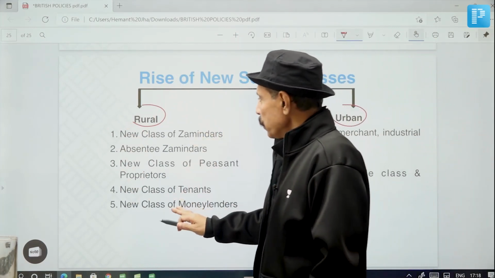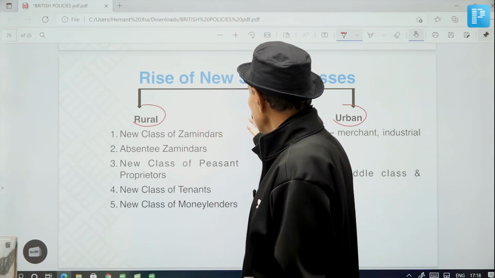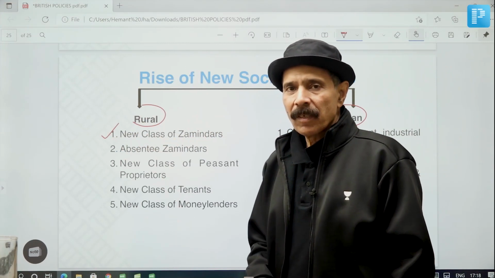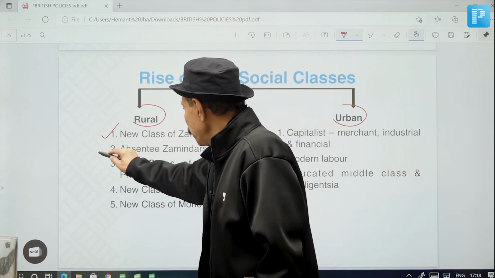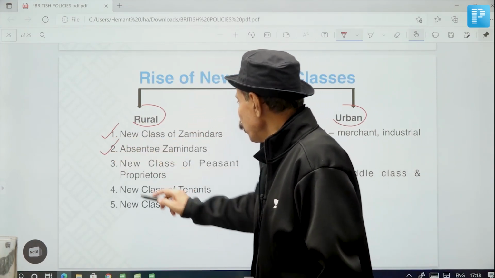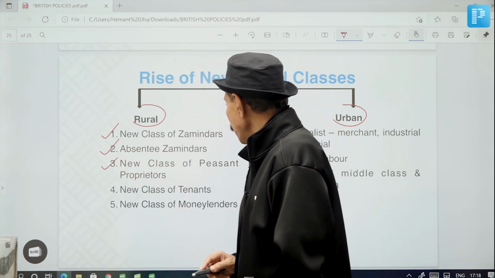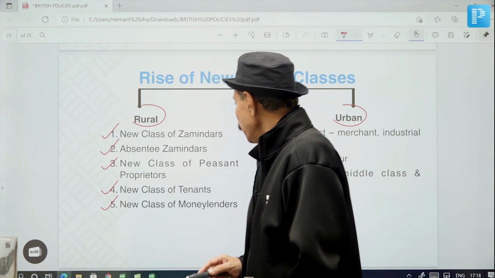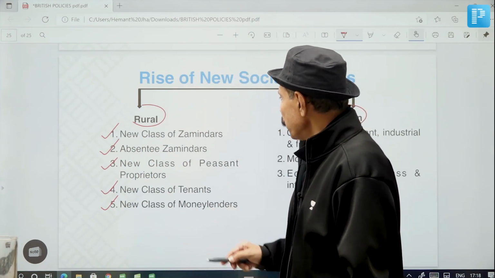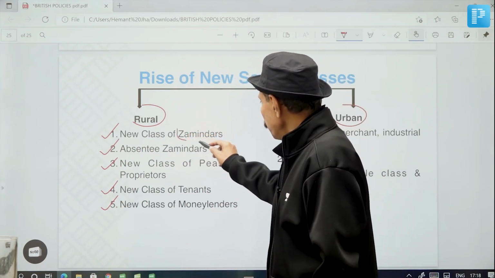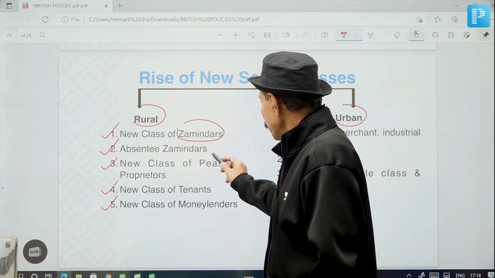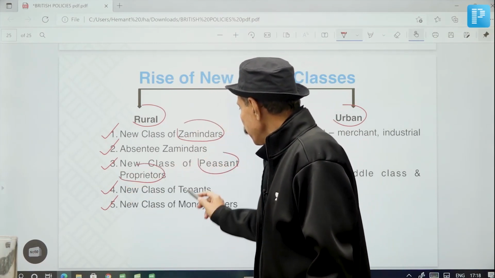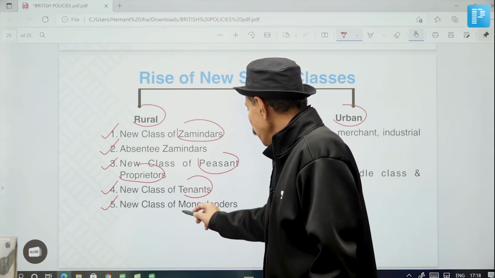So in rural areas, the new classes that emerged: one, new class of zamindars; two, absentee zamindars; three, new class of peasant proprietors; four, new class of tenants; five, new class of moneylenders. Here you will find these zamindars, peasant proprietors, tenants, and moneylenders.